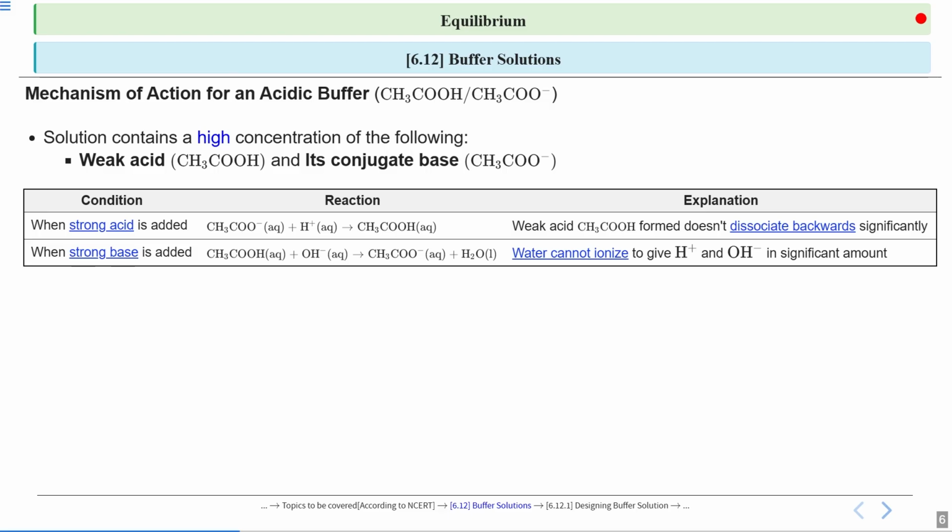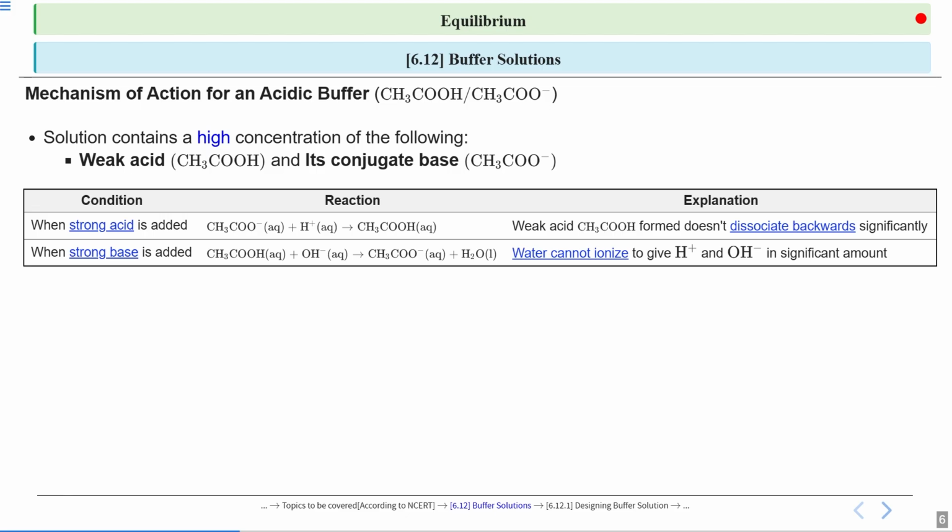And it will not dissociate into H plus and OH minus in significant amount. You know it very well that water has a very small ionic product, which is 10 to the power of minus 14. It clearly indicates that the dissociation of water occurs in a very small range. So, your hydroxide ion is consumed by the acetic acid, and the water which is formed is not dissociating back to give you back the hydroxide ion which is produced.